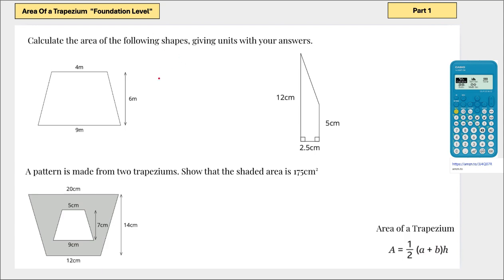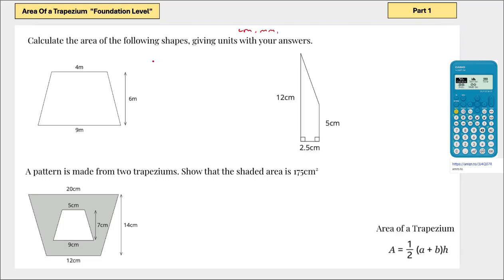So let's start with calculate the area of the following shapes, giving units. A unit is what's at the end, like centimetres, millimetres, litres, etc., with your answers. So this is metres. So you've got to follow the area of the trapezium formula.